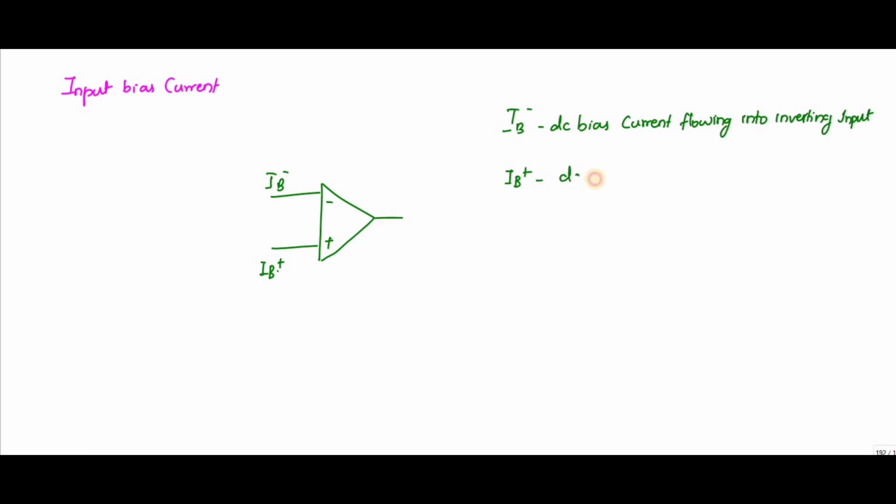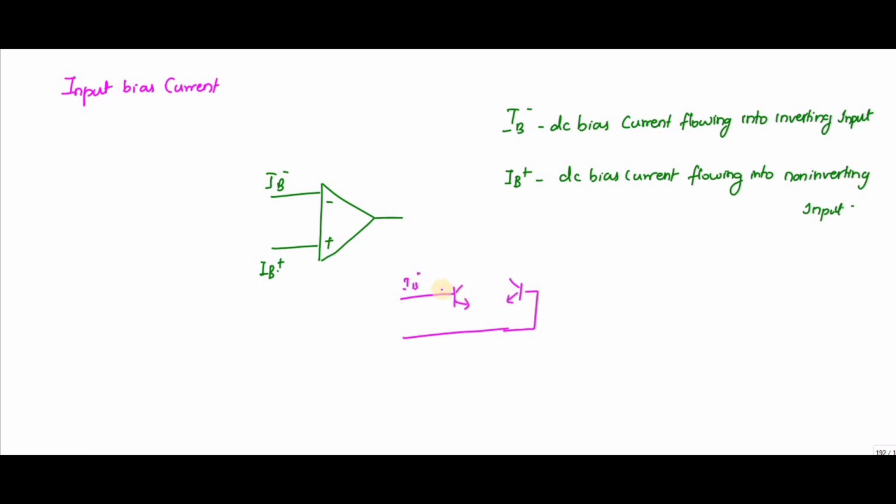And IB plus is the DC bias current flowing into the non-inverting input. Inside this op-amp, you have a differential amplifier.